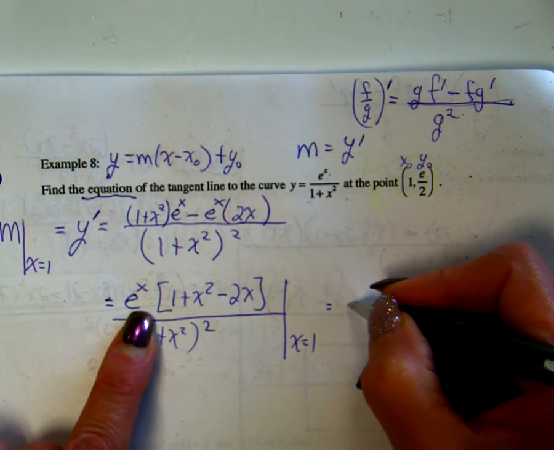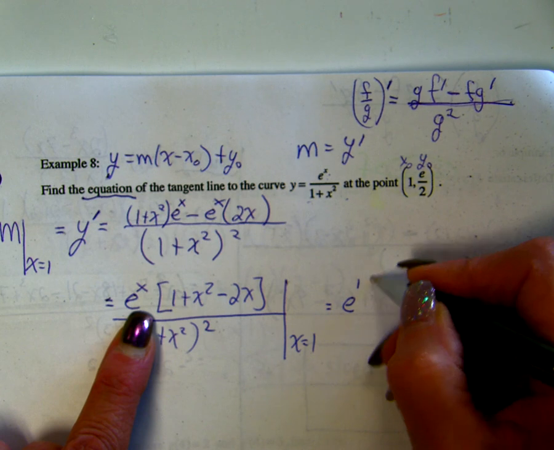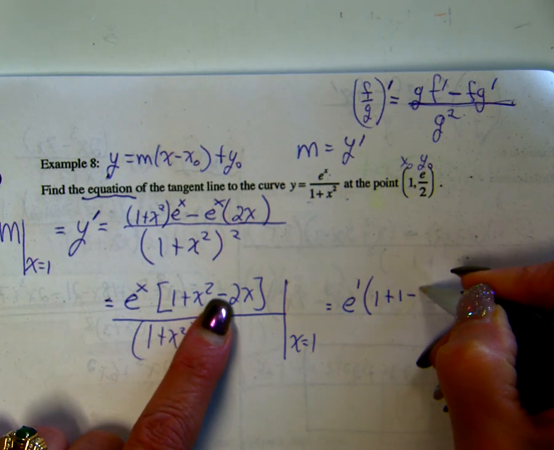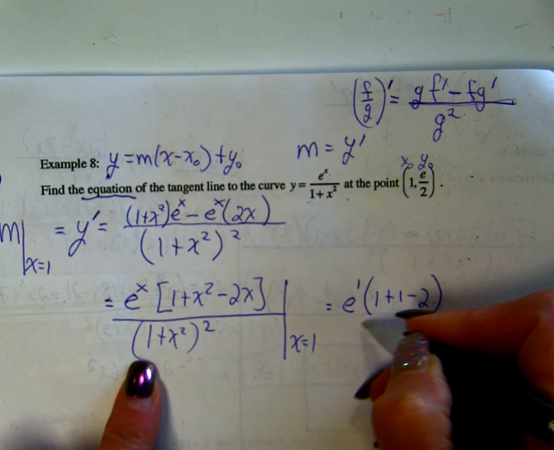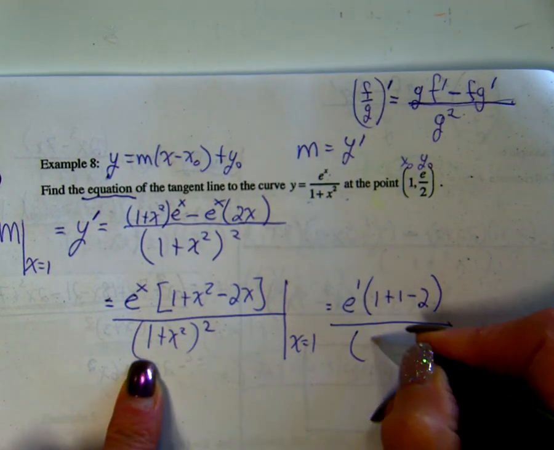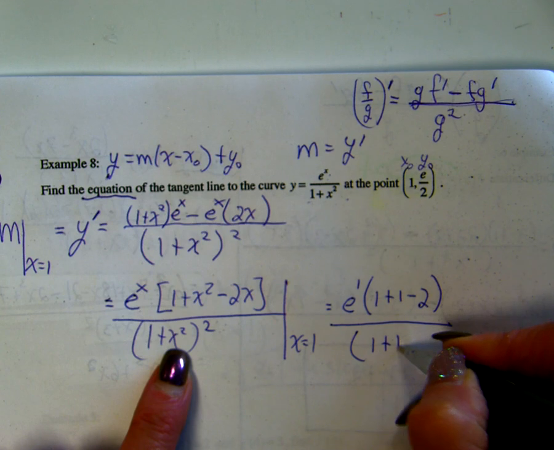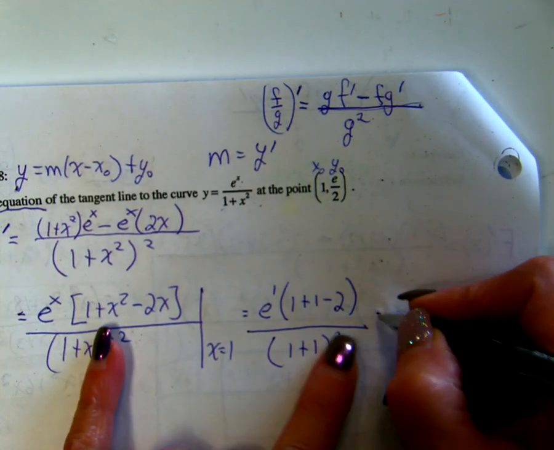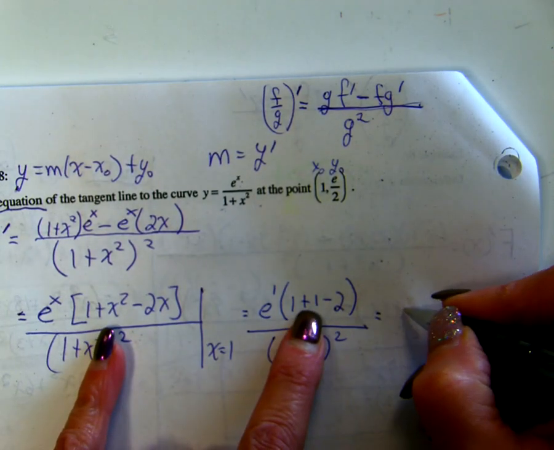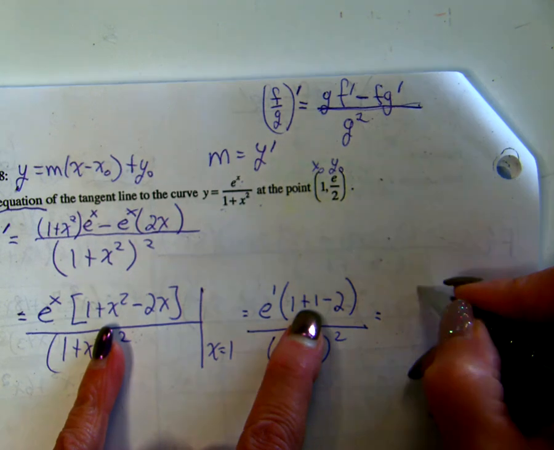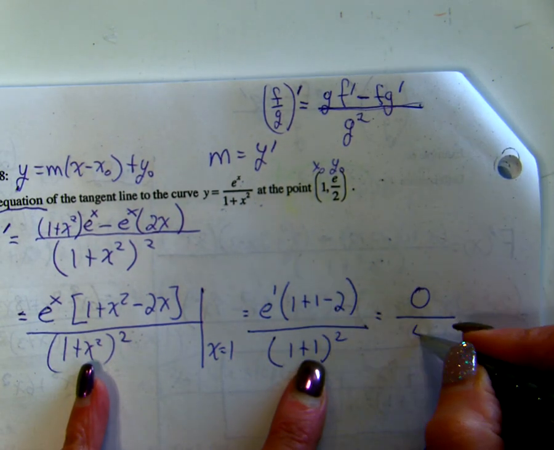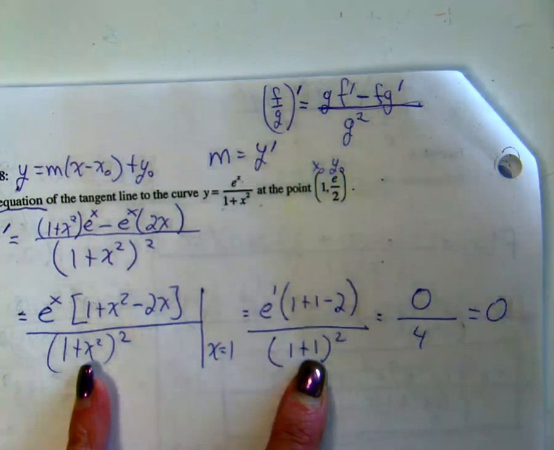So if x is equal to 1, I've got e to the power of 1 times 1 plus 1 squared minus 2 times 1 all over 1 plus 1 squared all squared. Oh, what happens here on the top? 0 times e to the 1 over 2 squared. The answer to this is 0.